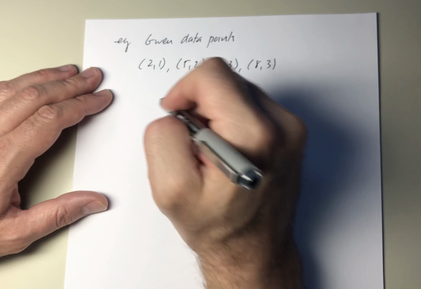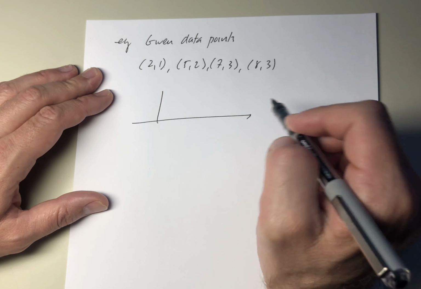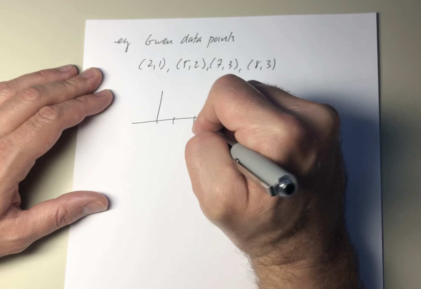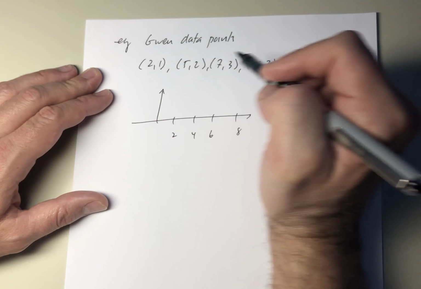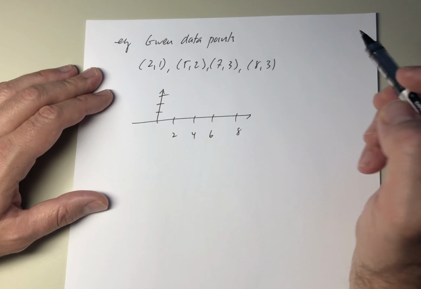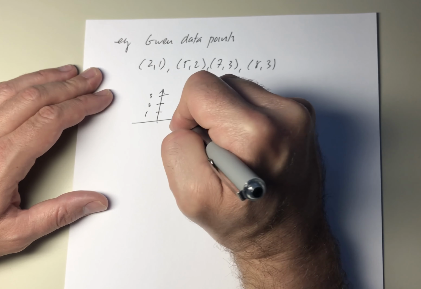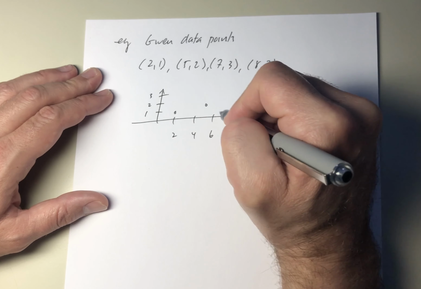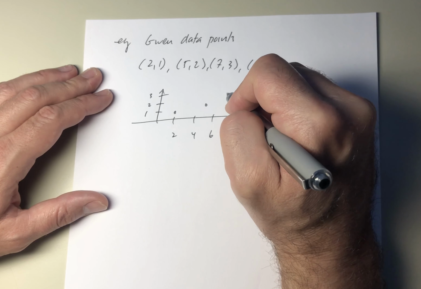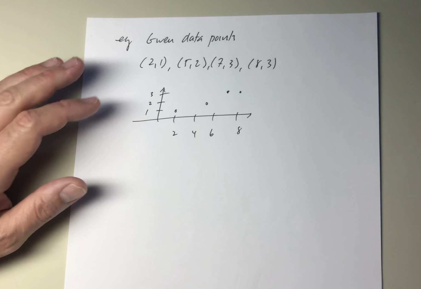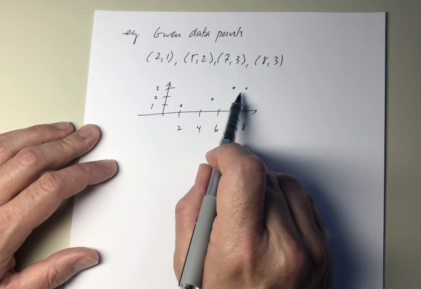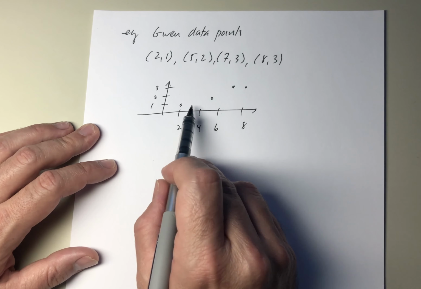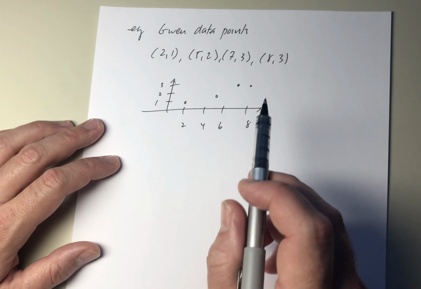Let me try to actually plot this: 2, 4, 6, 8, and 1, 2, 3, not quite to scale. So (2, 1) is given, (5, 2) is given, (7, 3) is given, and (8, 3) is given. Notice this is not going to give you a line, because if there was a line, it would have to be horizontal given these two, but it's not, because I've got some other heights here.